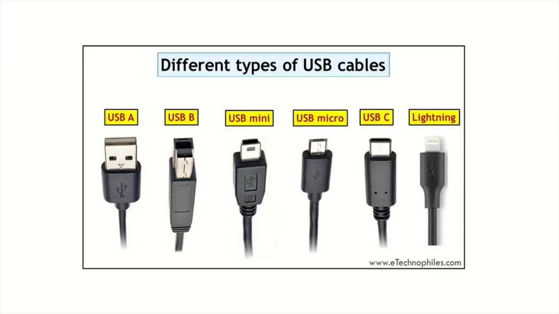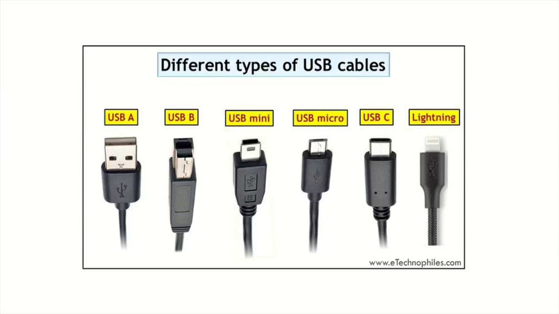So a printer cable, we have one end with type A, which connects to your computer, and another end with type B that connects to the printer. You've got USB mini, USB micro, and lightning. So those are other types of USB ports that we have.